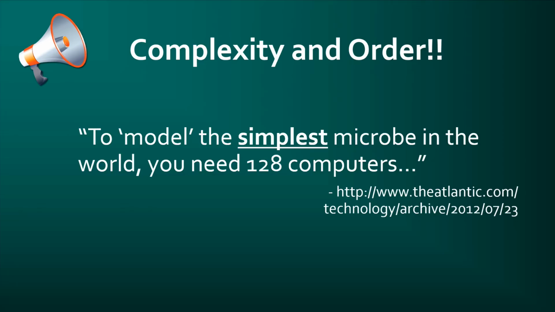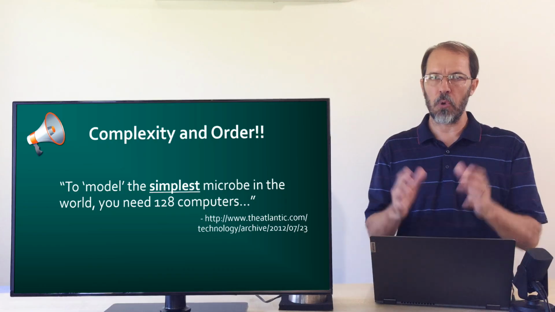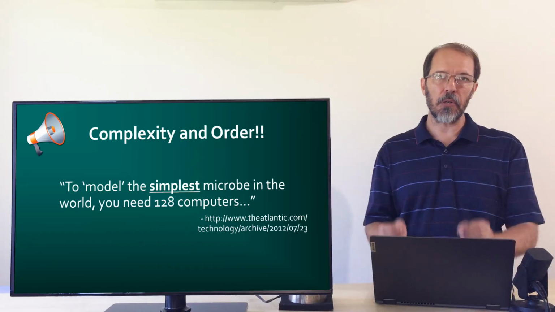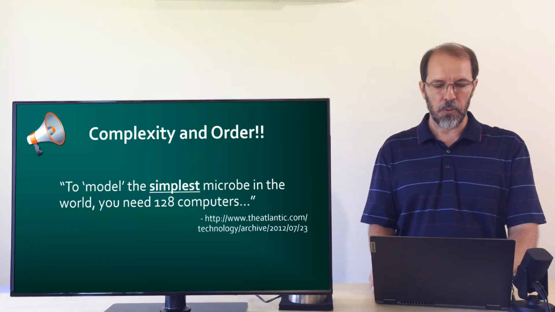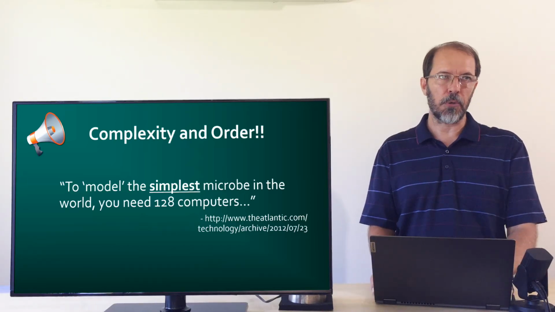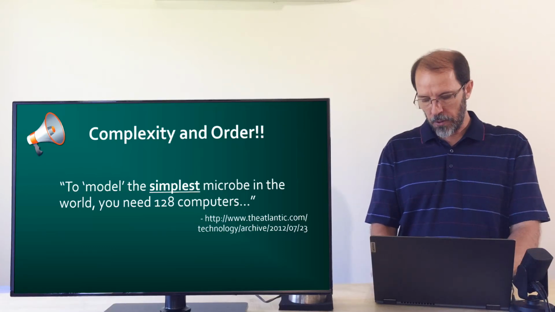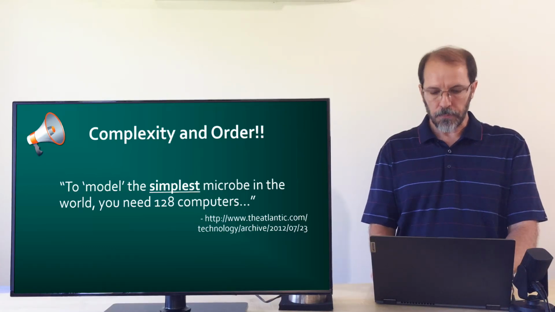Other scientists have acknowledged to model the simplest microbe in the world, you need 128 computers. Now that is just a broad statement. It depends how accurately you want to model the cell. You might need 10 times as many computers if you really want to model it very, very accurately.